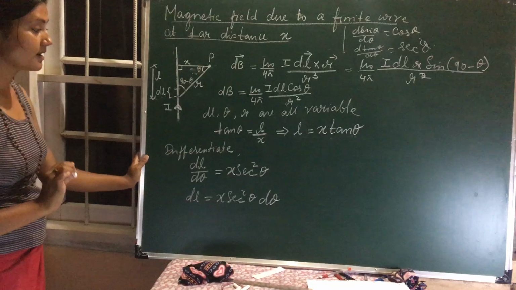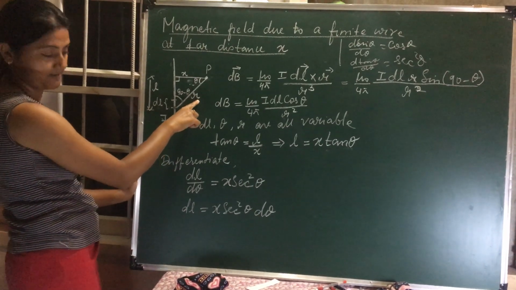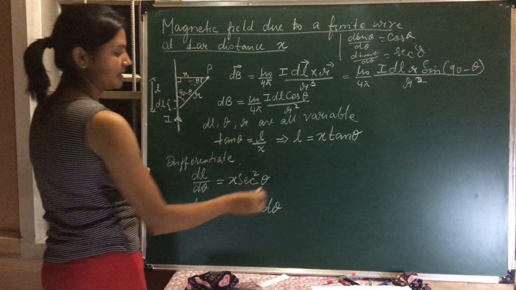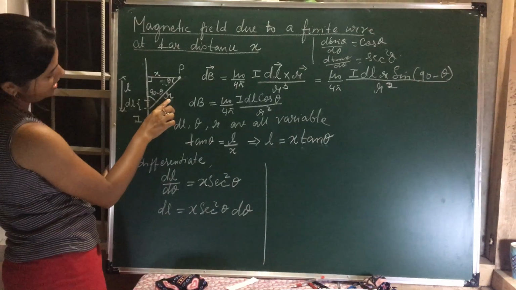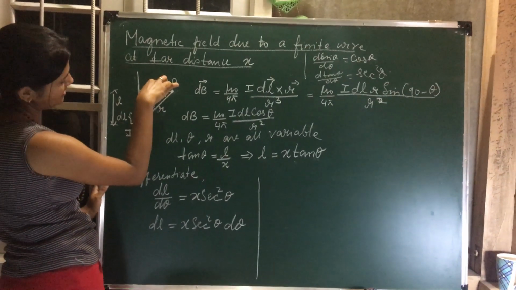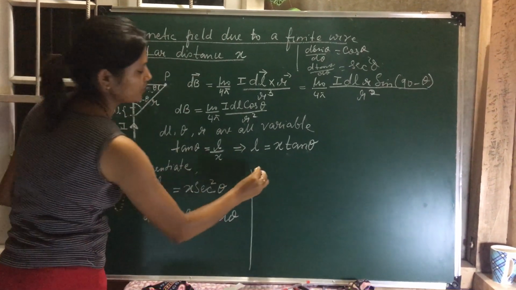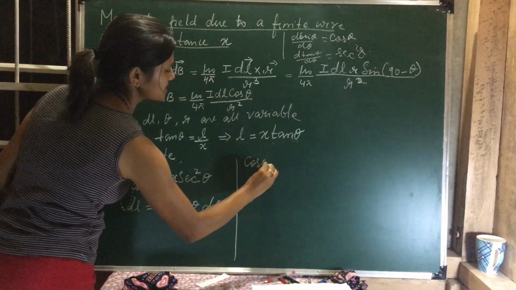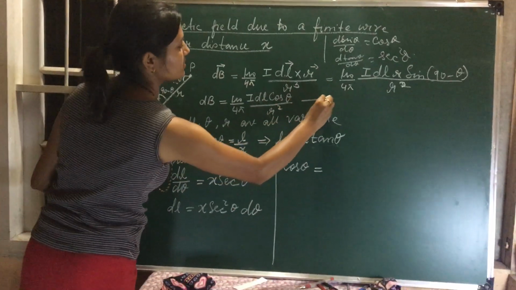Another, can I convert this r in terms of theta? Yes, we can do it. See, conversion. All right, r is the hypotenuse, x is the base, right? Then cos theta is equal to, let us call this equation number 1.